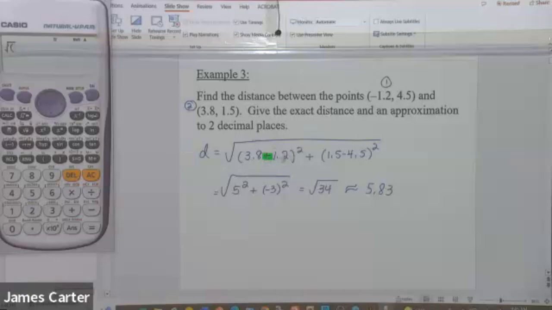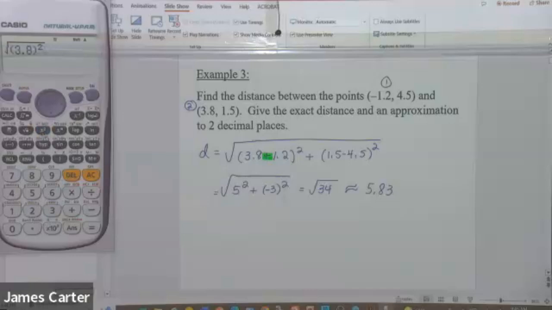You can put this number in parentheses and have minus a negative, or you can just simply change it to a plus yourself. I'm going to change it to the plus myself. So I've got 3.8, close the parentheses, and I am going to square it.